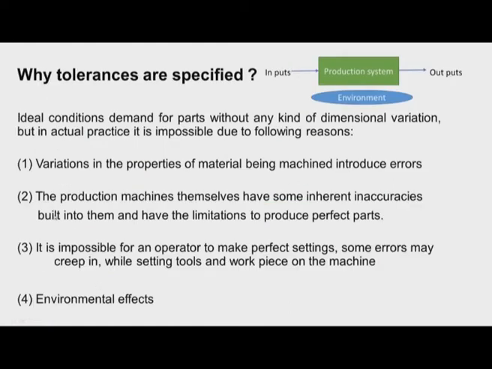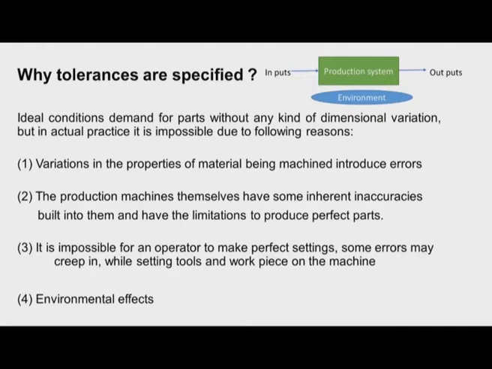Now we learnt about the tolerances, and now we will see why tolerances are specified. Now if you see this diagram, we have the production system wherein we have various inputs like the human resource, and then machine tools, cutting tools, and then various measuring instruments, etc., the raw material.